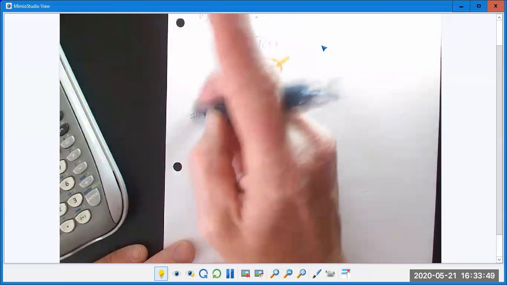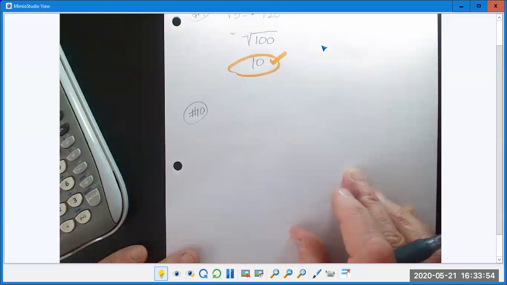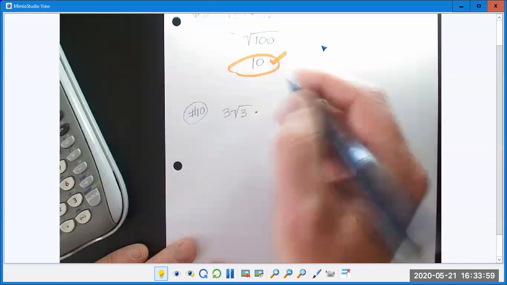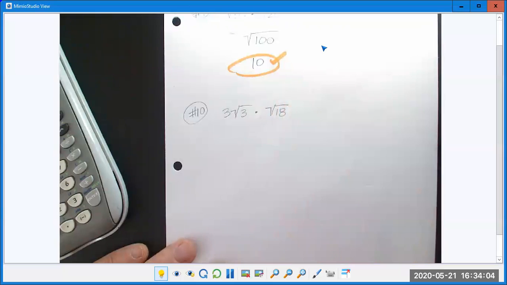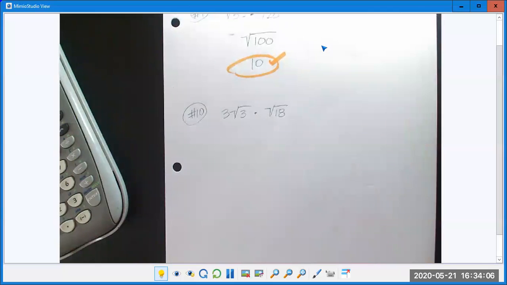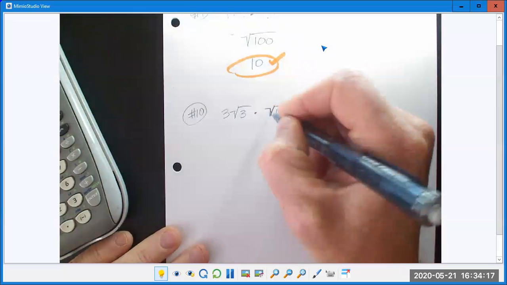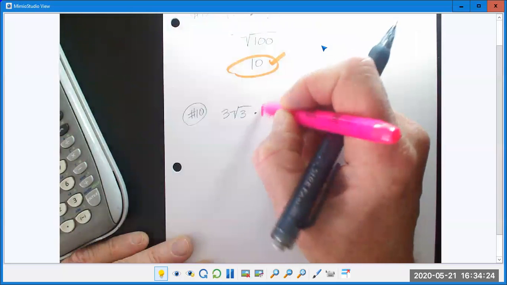Number 10, we have 3 radical 3 times radical 18. Now, in the previous problem, we multiplied the radicals together. It's like multiplying like terms together, all right? So in this particular situation, we just always have to remember that in these type of problems, there's always a 1 out here, okay?